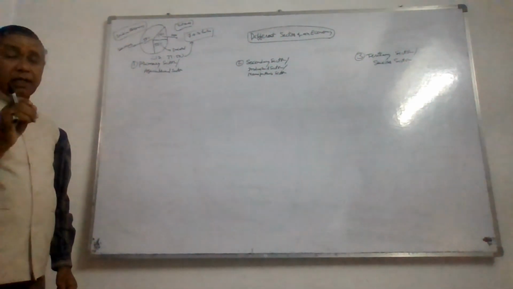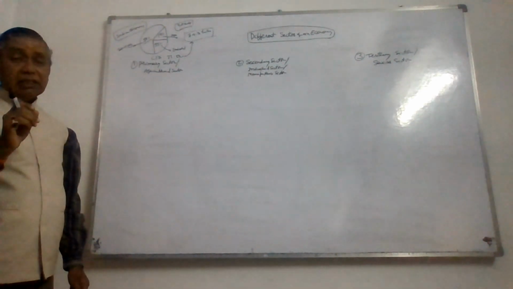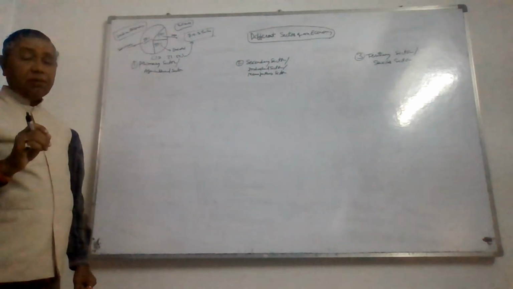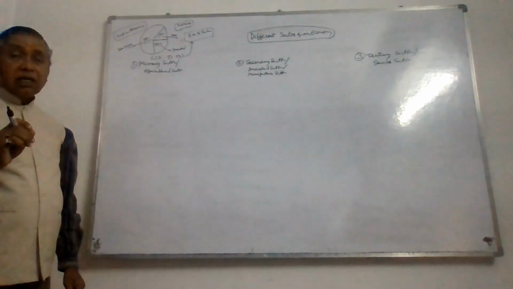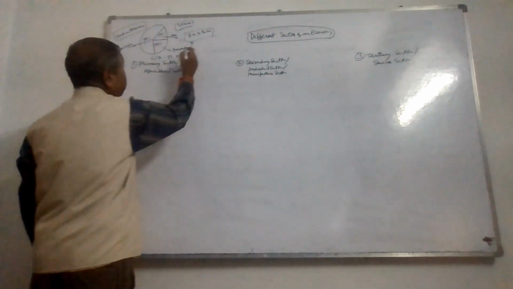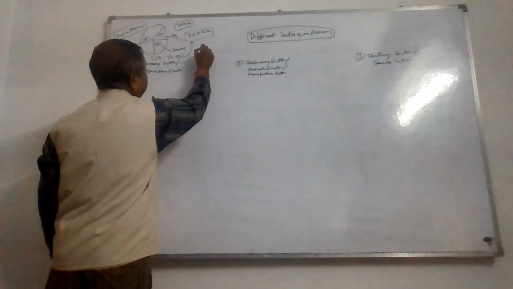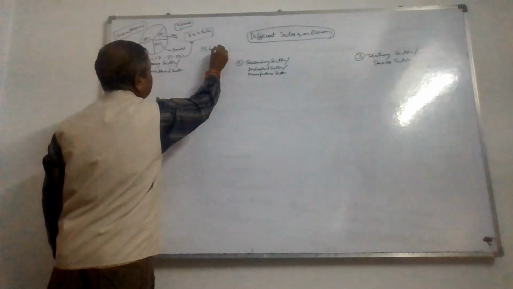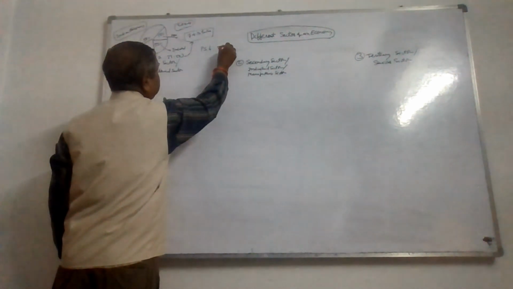But there is one theory, according to research, about the characteristic of a growing economy. In a growing economy, the primary sector contribution should be going down, while the secondary and tertiary sector contributions should be going up.